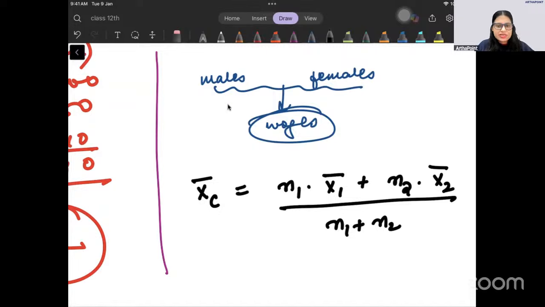Combined and group mean is same, huh? Mean is equal to A plus summation f d by f, where d is x minus a by h. No, if you're dividing by h, you have to multiply back by h.